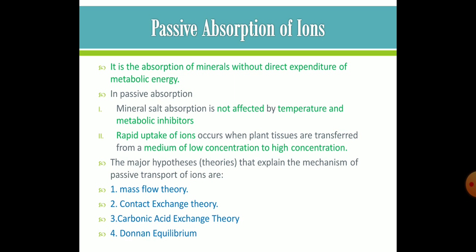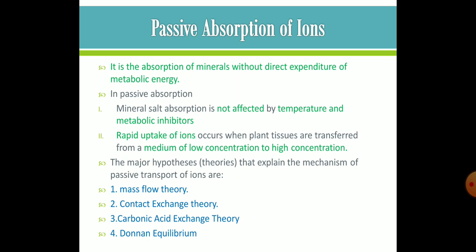Passive absorption is the absorption of minerals without direct expenditure of metabolic energy, which means no energy is involved in this process. In passive absorption, mineral salt absorption is not affected by temperature and metabolic inhibitors. Rapid uptake of ions occurs when plant tissues are transferred from a medium of lower concentration to a higher concentration.